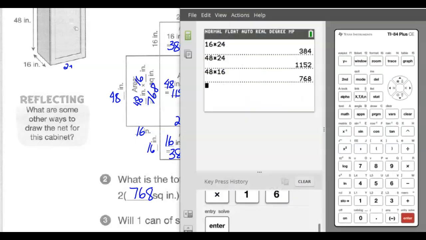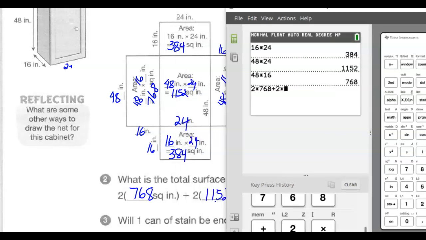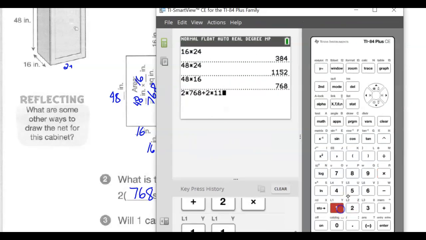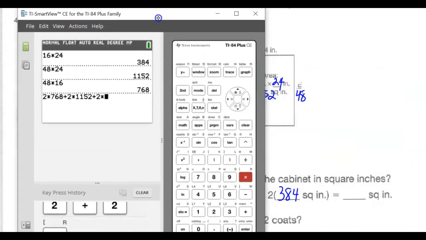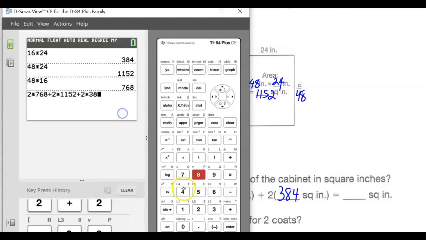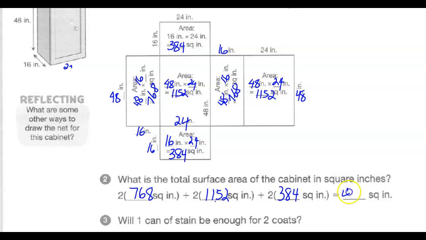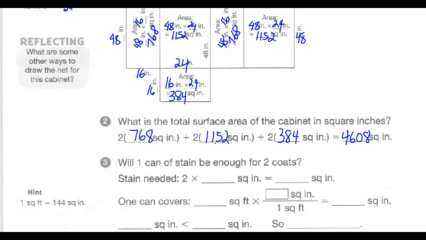So you can get your calculator out and go 2 times 768 plus 2 times 1152 plus 2 times, last one is 384. So 4,608 square inches. So then we have to finish the question.